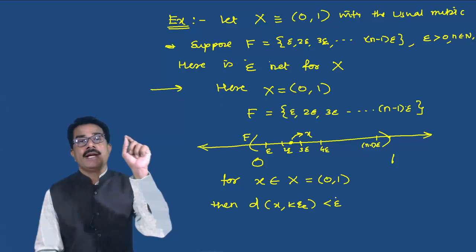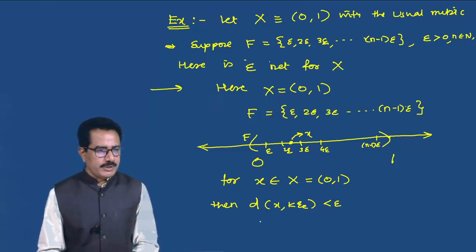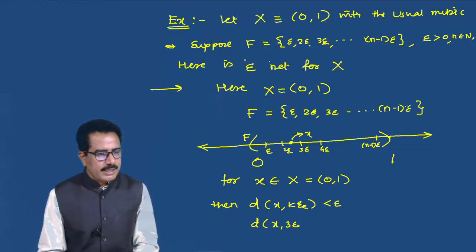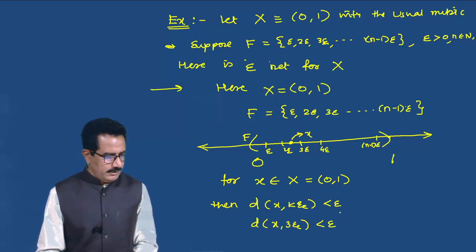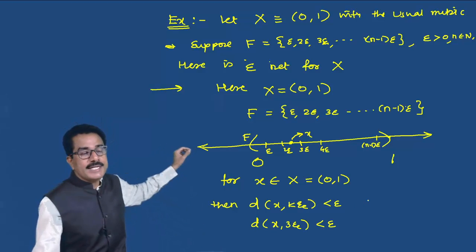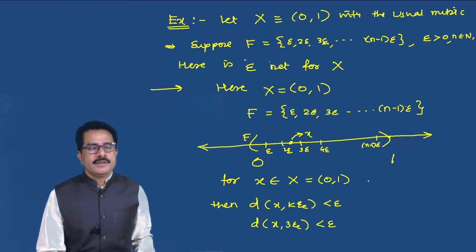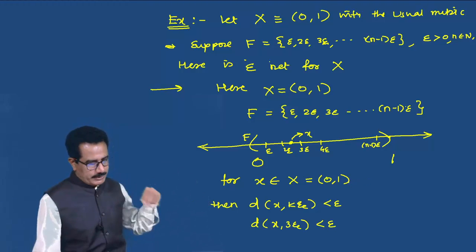There exists a point x which is within k epsilon, like 2 epsilon, 3 epsilon, 4 epsilon, or here we can take 2 epsilon. That is, the distance of x comma 3 epsilon is less than epsilon. So here F satisfies the condition for the epsilon net. So F is an epsilon net.